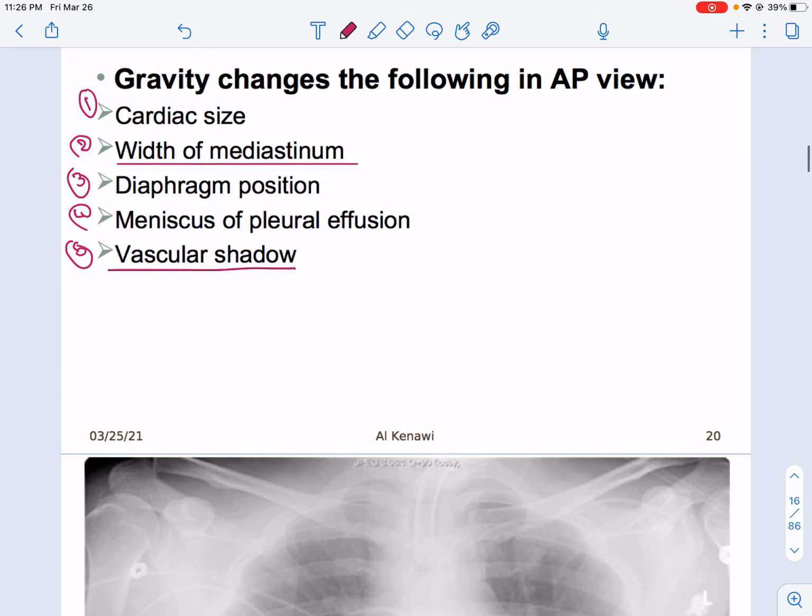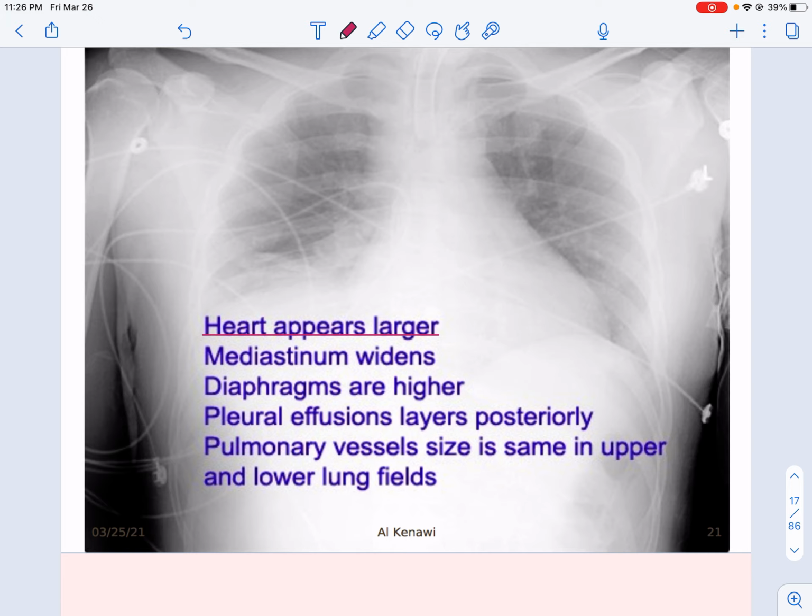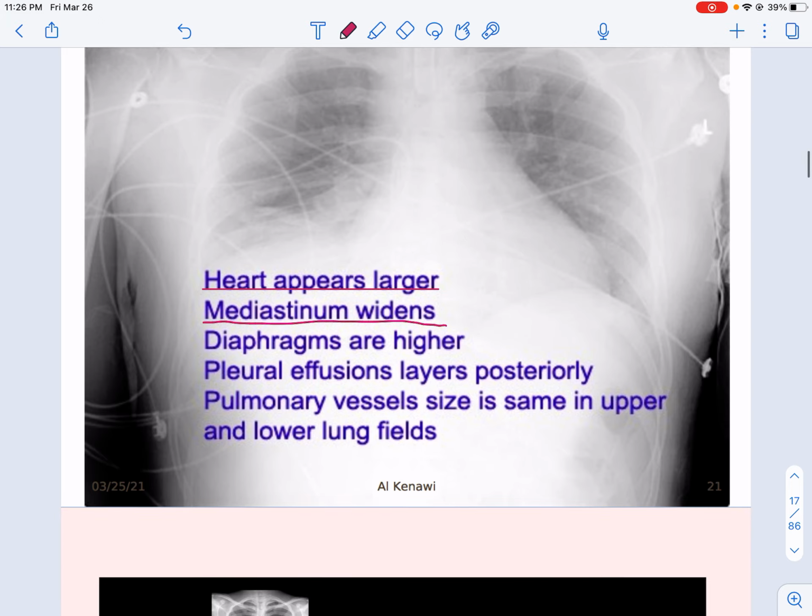Here in the anterior view, the heart appears larger. We're going to go over why the heart appears larger, and the mediastinum is going to be widened. The diaphragm is going to be higher, and you can imagine why.